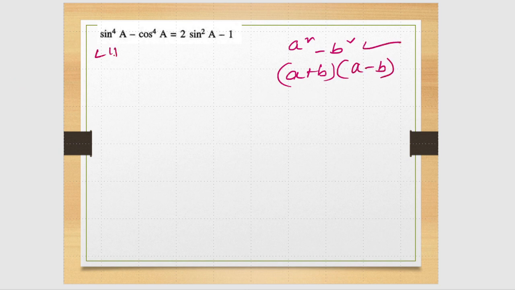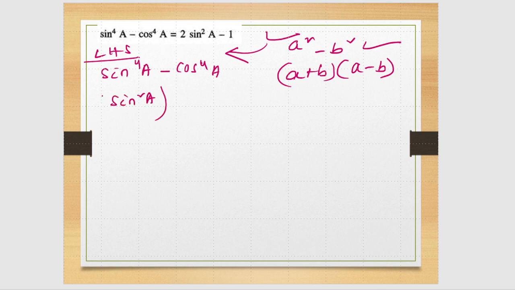So take the LHS. What is that? Sin 4A minus cos 4A. So this is not in this formula at all, so we will convert it into this formula: (sin square A) whole square minus (cos square A) whole square. So now it became A square minus B square.